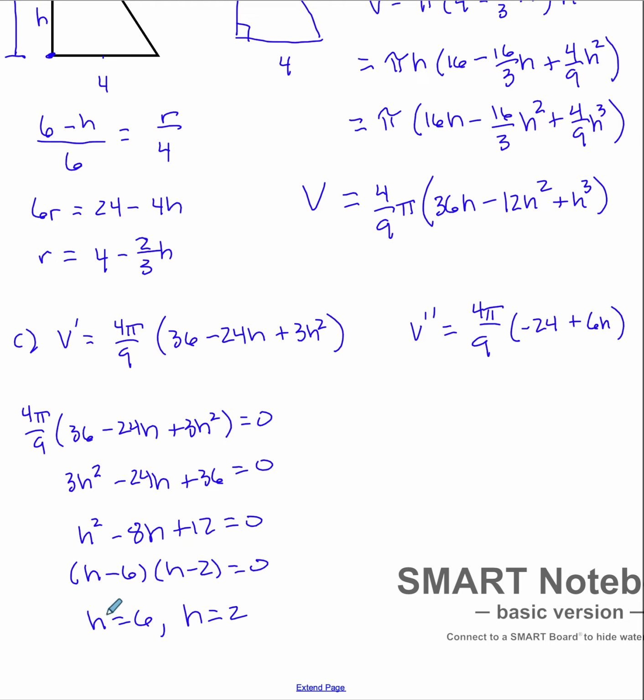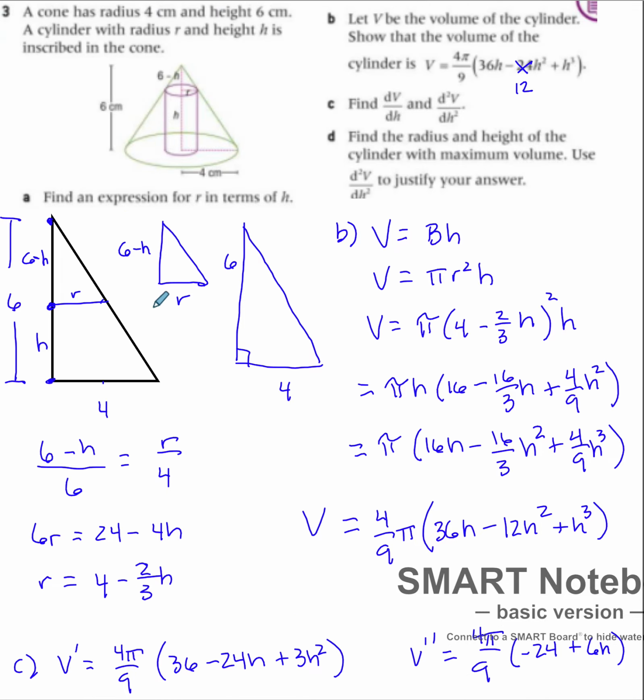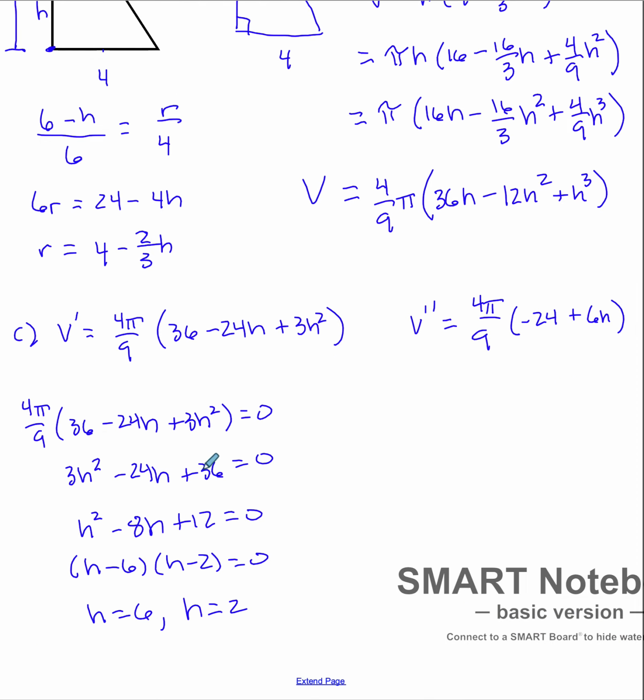Well, remember, this is the height of the cylinder. And the height of the cone is 6. So you can't have a cylinder because if the height is 6, there's no dimension to the cylinder. So it's impossible with these parameters for the height to be 6. So that means that the height is 2.